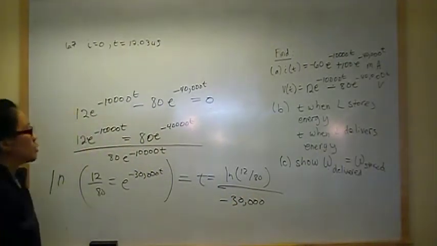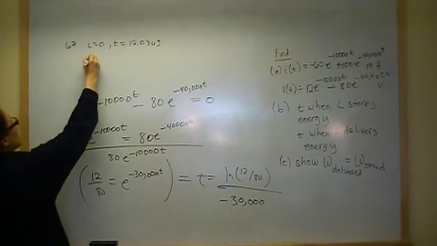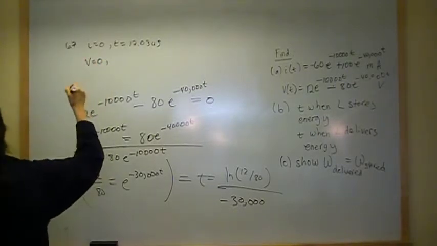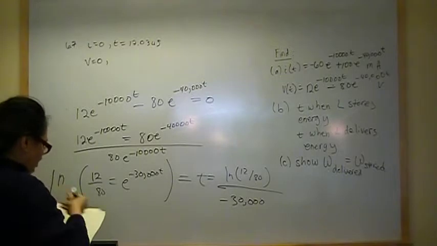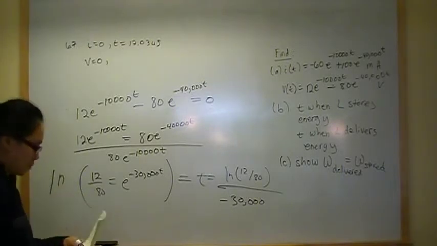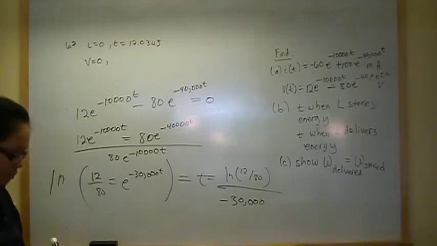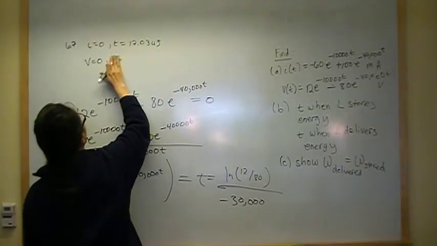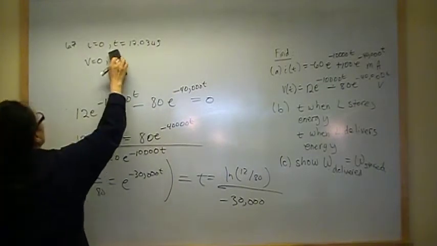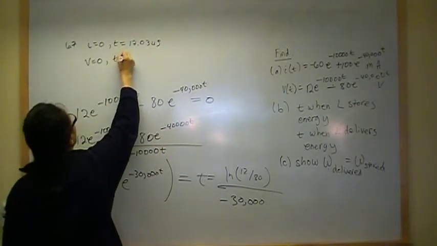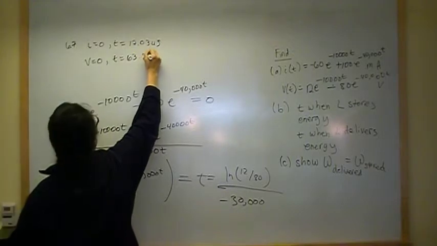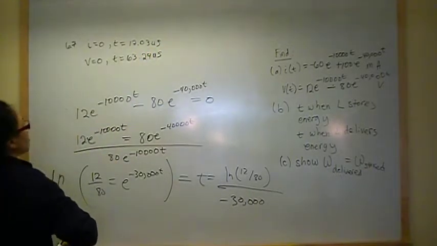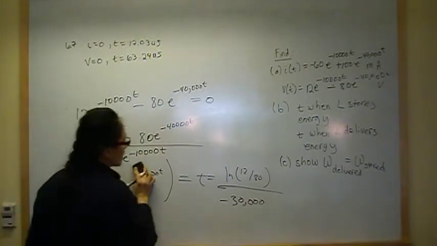When you put that into your calculator, you will see that voltage is equal to 0 at time 63.24 microseconds. Okay, now we're going to make a table and examine these values.